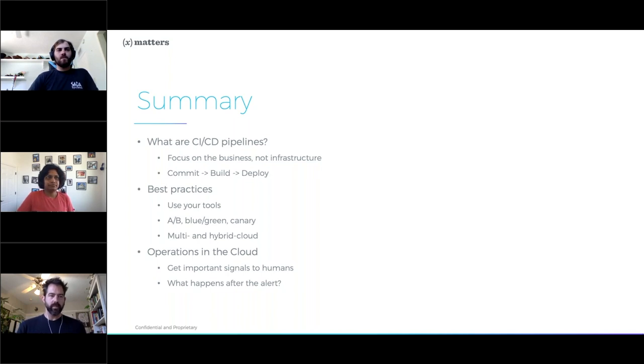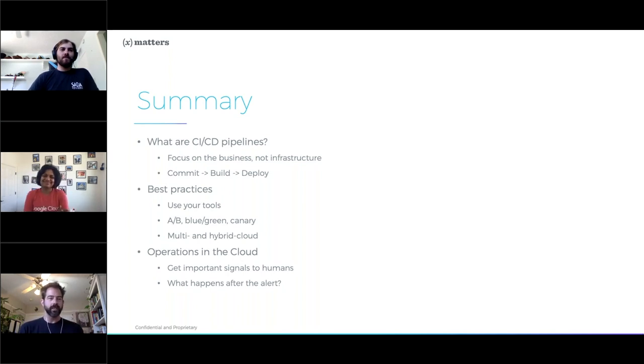So going into best practices, I don't think we actually explicitly stated it, but use the tools that you're using. So you guys are using Travis CI, use Travis CI. Use Jenkins if you use Jenkins. Don't try to just adopt a tool because some random talking head said that you should.